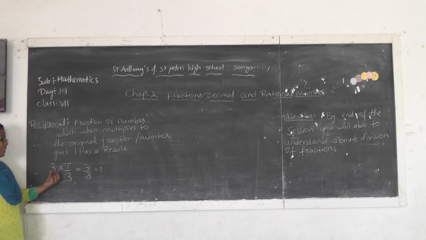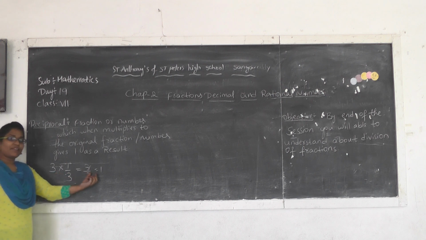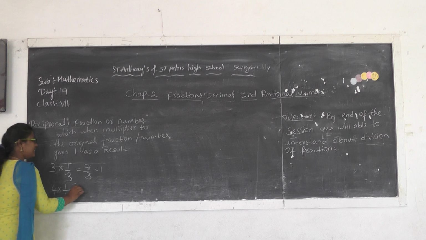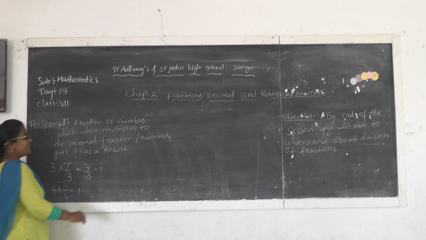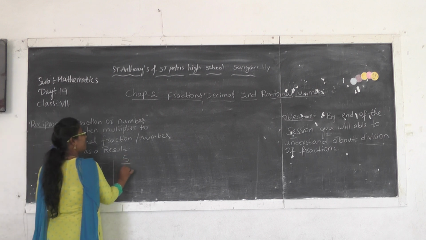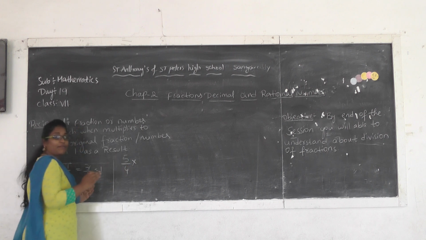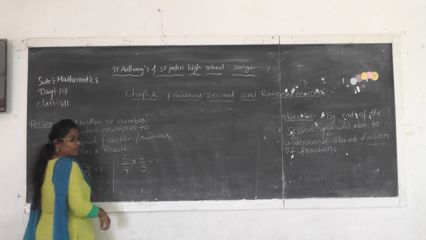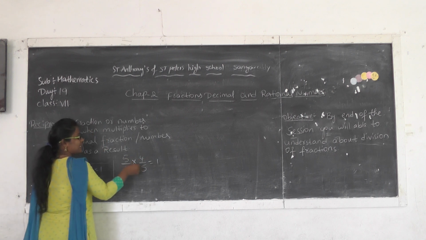Understand? When 3 is multiplied with 1 by 3, we get the result as 1. Let me take 4. When 4 is multiplied with 1 by 4, the result is 1. Let me take 5 by 4. When 5 by 4 is multiplied with 4 by 5, the result is 1, because 4 gets cancelled and 5 gets cancelled.